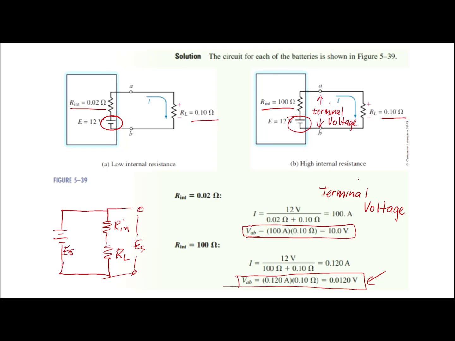So it means you can subtract the load voltage from ES to get the voltage of R internal. You can subtract R internal voltage from ES to get R load. You can determine R total as R internal plus R load. You can determine I total as E source divided by R internal plus R load.